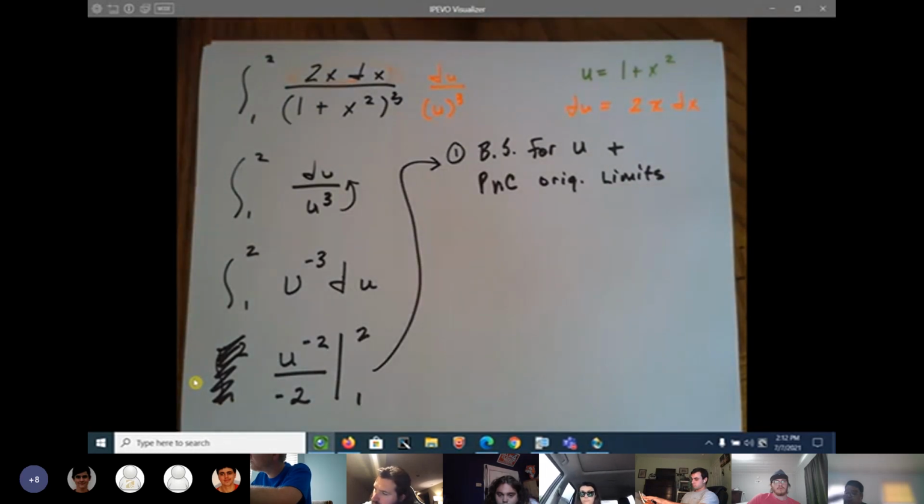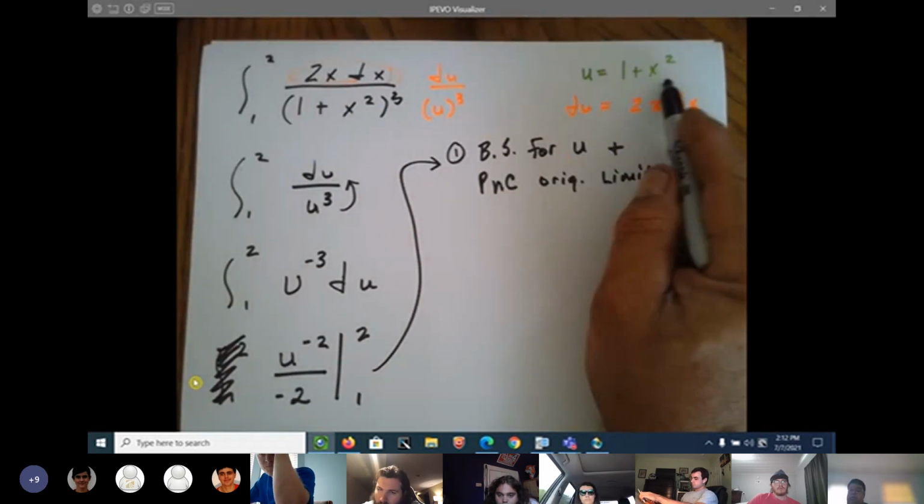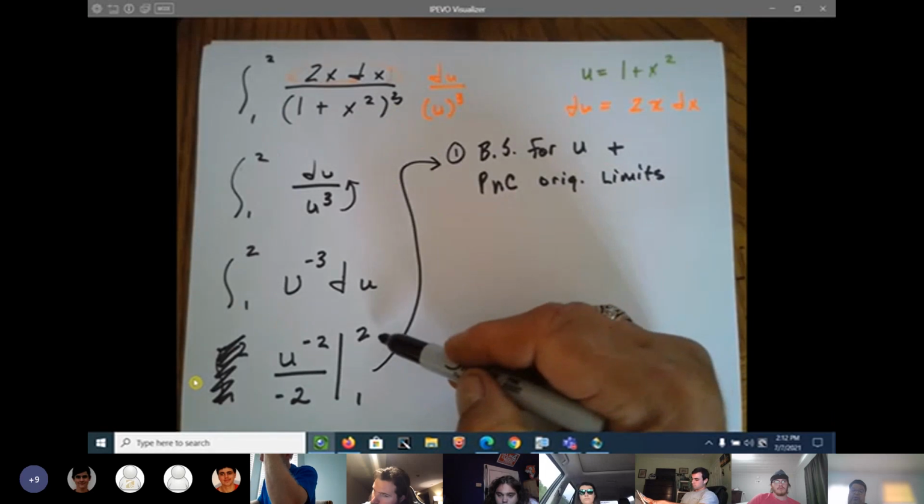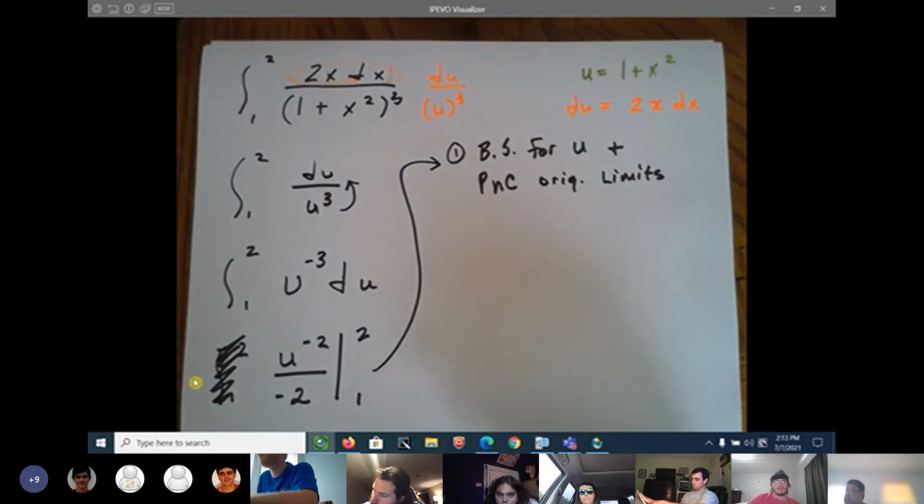Okay, so if you want to do option 1, you rewrite this in a nice way and bring in 1 plus x squared and use 2 and 1. That's option 1.